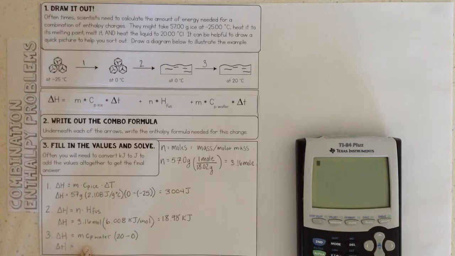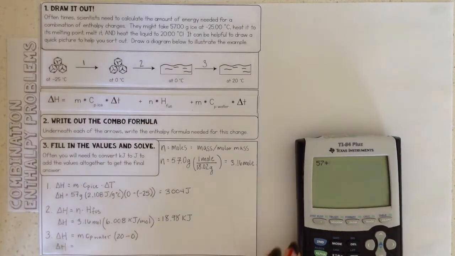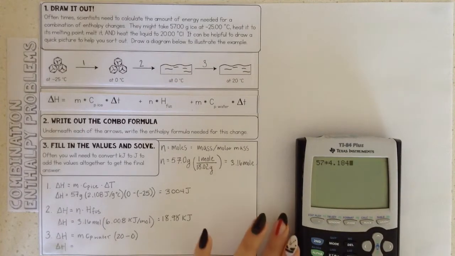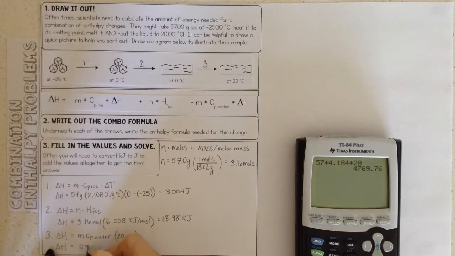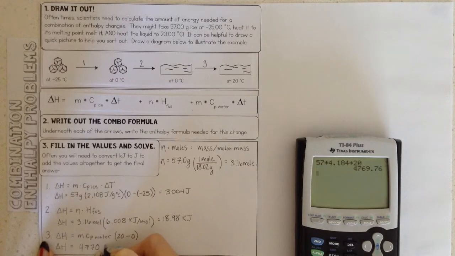We're using mass again, so back to 57 grams, 4.184 joules per gram degree Celsius, times our temperature change of 20 degrees Celsius. And this is in joules.